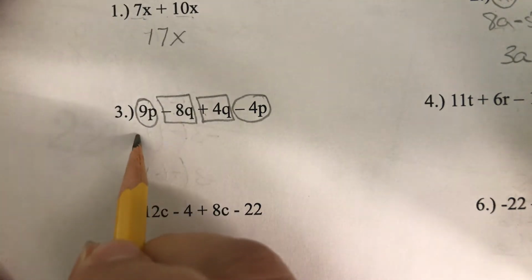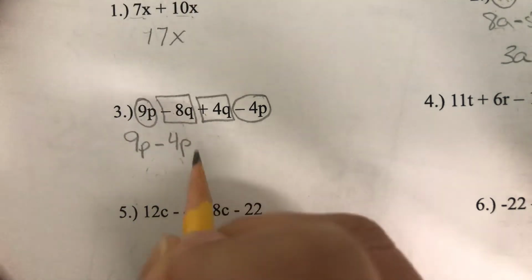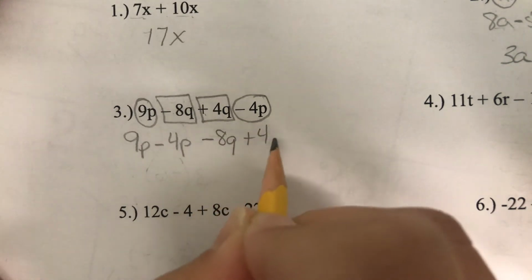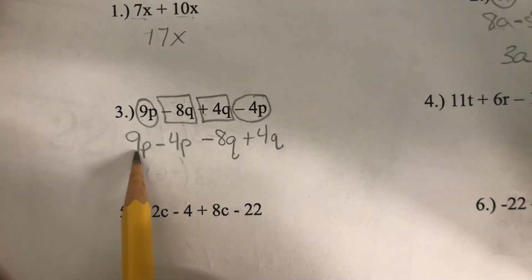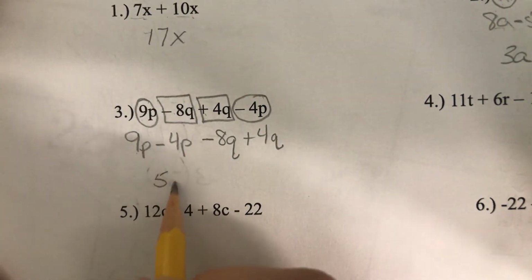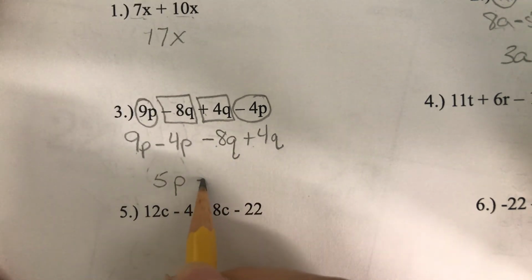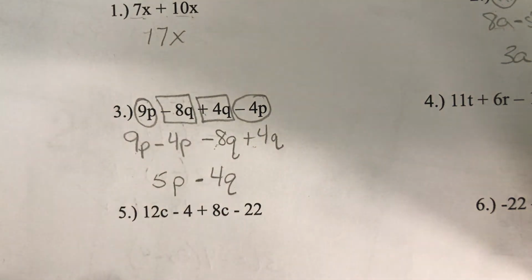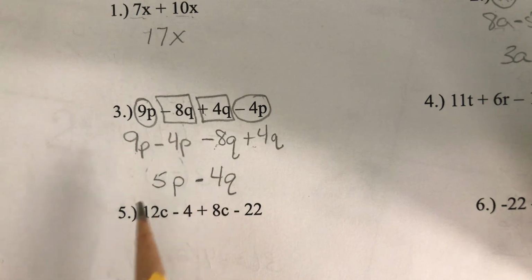So if you want to regroup, we can write 9p minus 4p and then negative 8q plus 4q. 9 minus 4 is 5p, negative 8 plus 4 is negative 4q. Again, we've got those integers, which are positive and negative whole numbers. If the negatives throw you off, use your calculator.